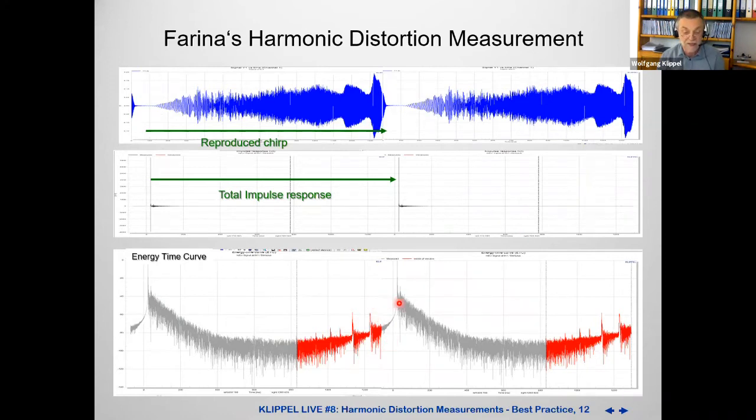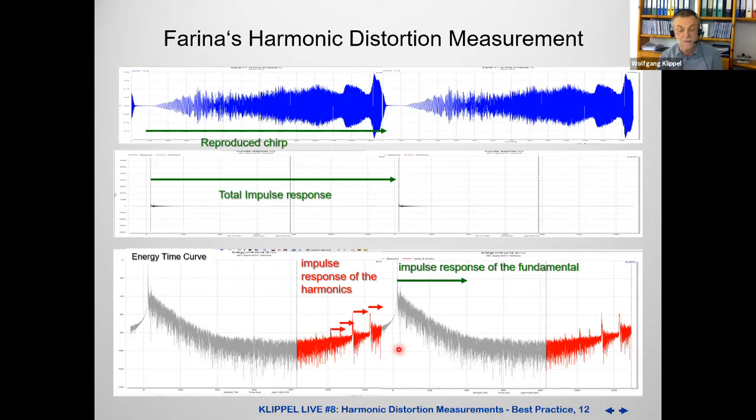And that is exactly the 160 milliseconds delay coming from our second order distortion, and then the third, fourth, fifth, sixth, eighth, and so on. So actually they're coming earlier than the fundamental. That means acausal. No?